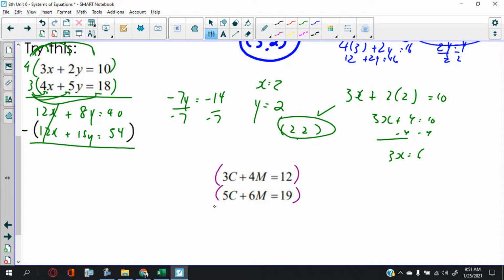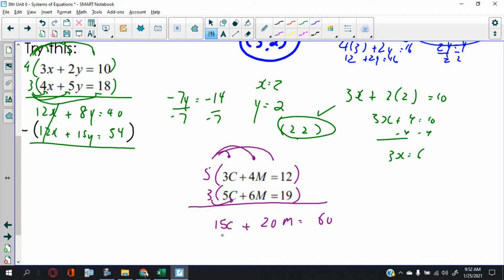So 3 and 5, what's the LCM? 15, right? So 3 times 5 and 5 times 3. So here we got 15c plus 20m equals 60.